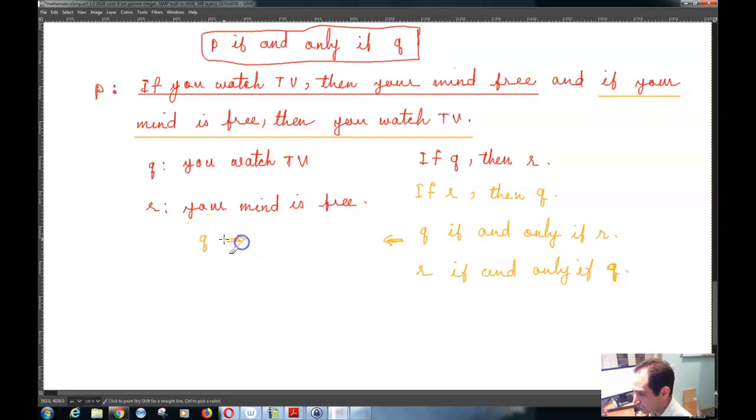Any of these would be right. Meaning that you would rephrase this sentence as: you watch TV if and only if your mind is free. Okay?